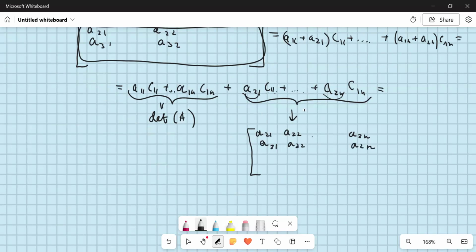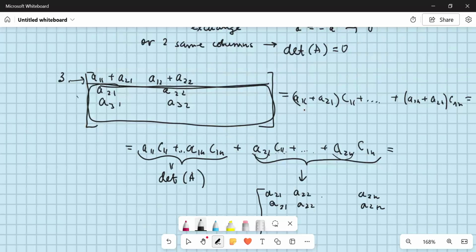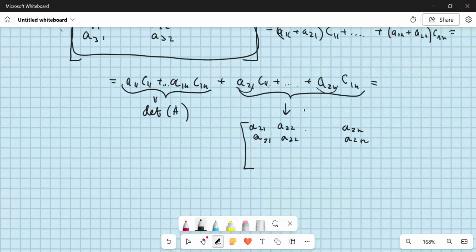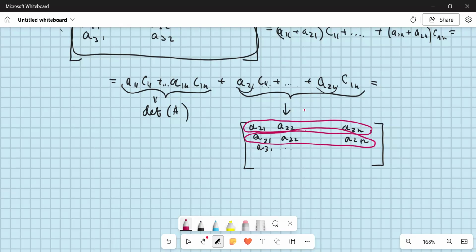They are going to be obtained from that matrix. And of course, it's not going to be the whole thing. You are going to cross either first column or second or whatever, but the numbers are going to come from the matrix. And other elements, 3 1, and so on. Okay, so you see what happens here. You have row number 2 sitting here, and you have row number 2 sitting here. So this is the determinant of the matrix with two same rows number 2. This determinant, I'm going to label it as matrix A star. It's going to be equal to 0 because the matrix is going to have two same second rows.